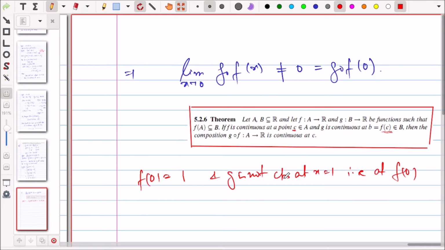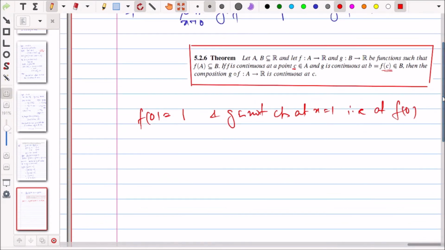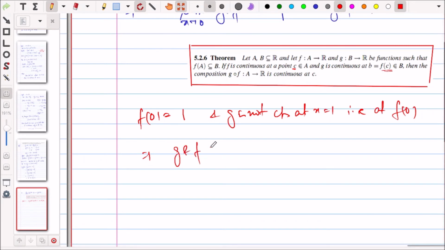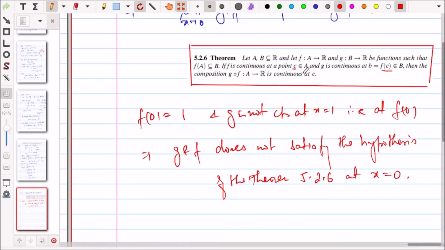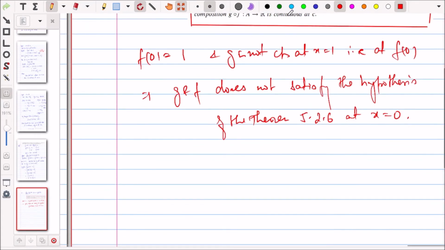So g and f do not satisfy the hypothesis of theorem 5.2.6 at x equal to 0. It fails to satisfy the hypothesis, and therefore the result may or may not hold. In this case it is not holding, so it is not contradicting the statement.